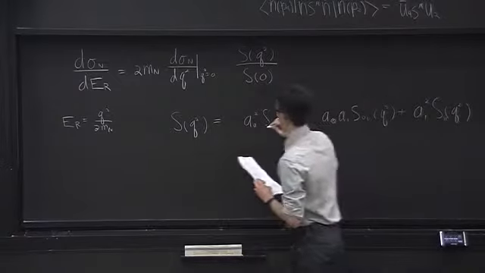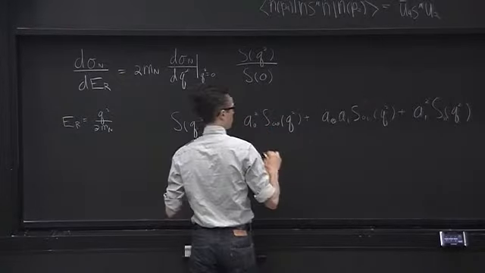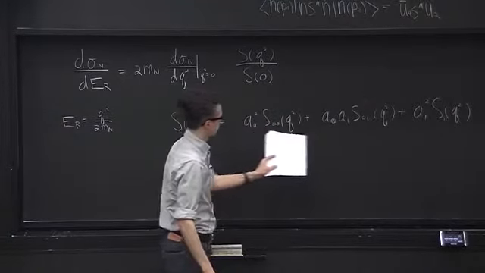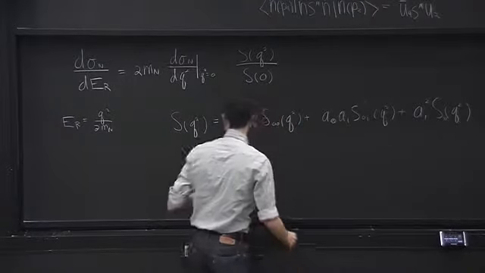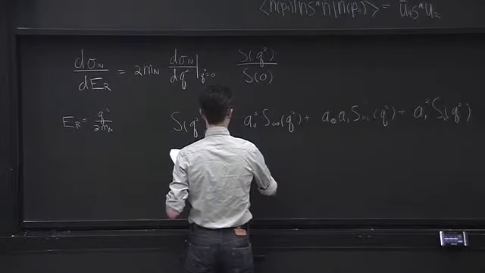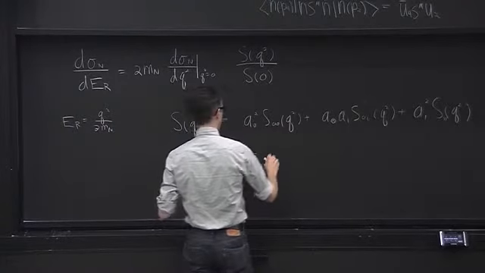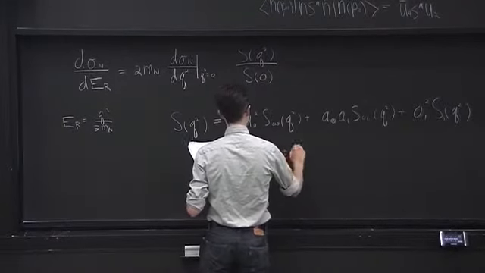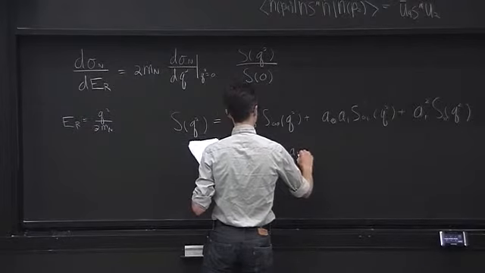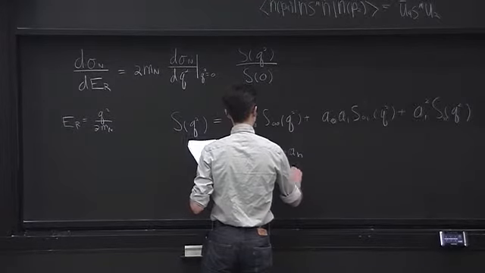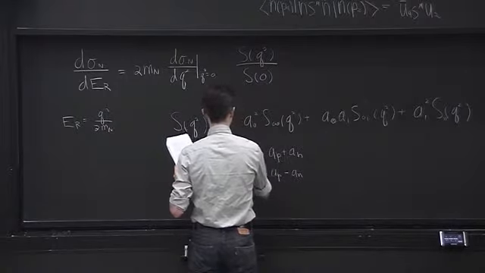And instead of just having one form factor function, there are actually three. There's S00, S01, and S11. And what I mean by 00, what I mean by 01 is that this is AP plus AN. This is AP minus AN.